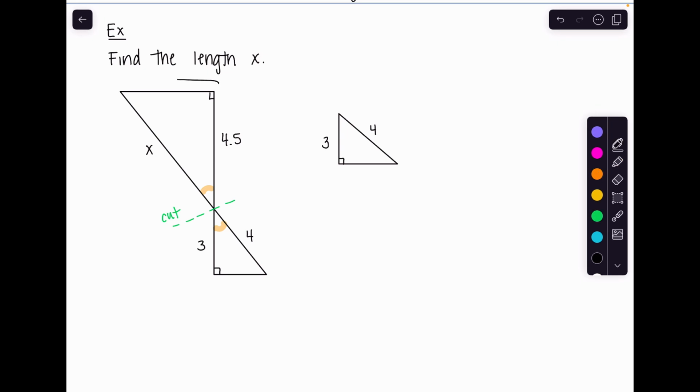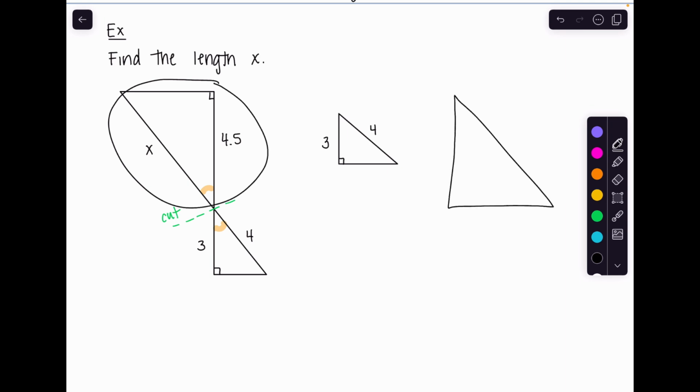Now what I'm going to do is I'm going to take this one and I'm going to rotate it. Good enough. Okay. And then I got to be careful with my placement. Across from the 90-degree angle should be the side X. Okay. And then if this is this angle right up here, it should be at the very top when I rotate it.